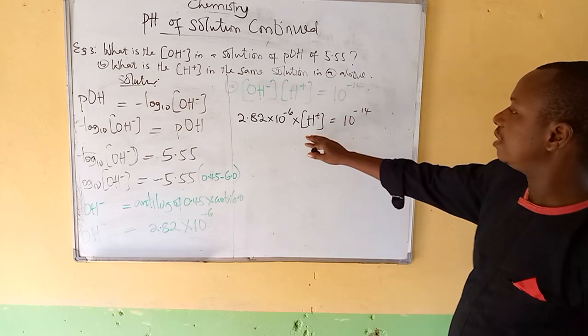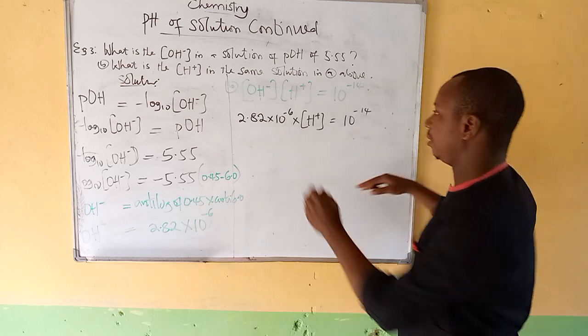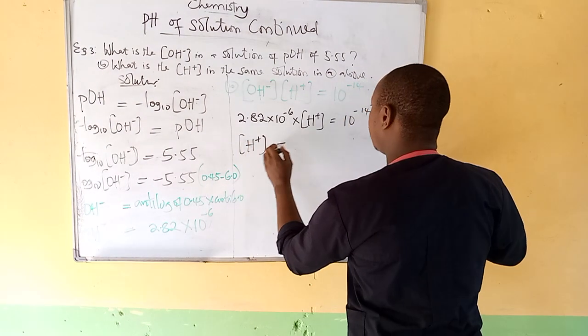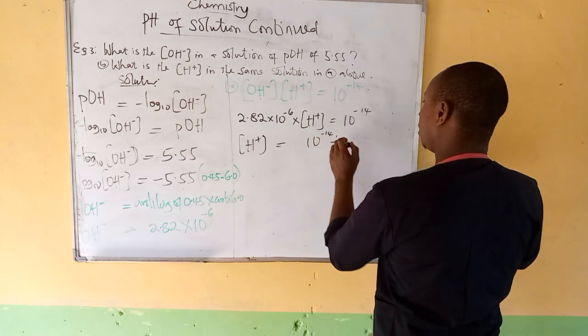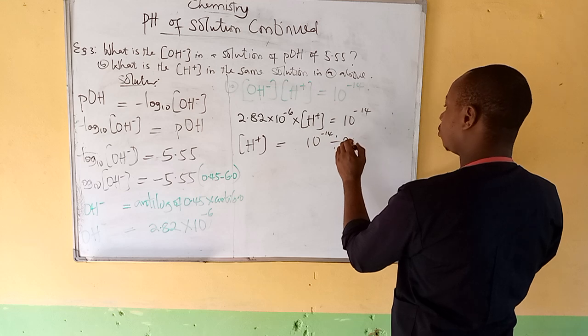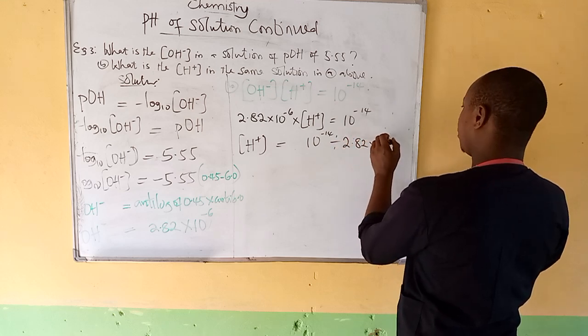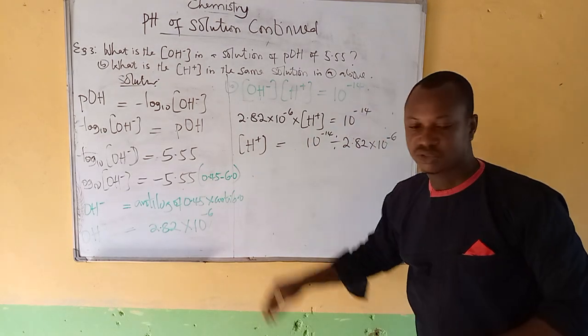How do we get this? Divide both sides by this. So hydrogen ion concentration becomes 10 raised to power minus 14 divided by 2.82 times 10 raised to power minus 6. That is how we are going to get the hydrogen ion concentration.